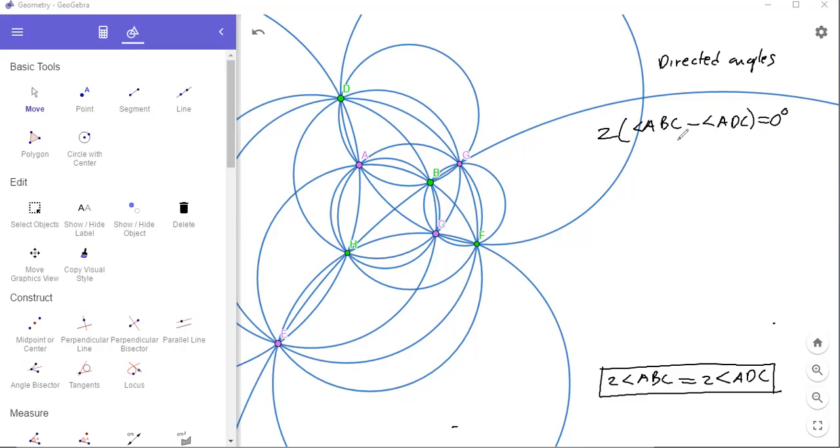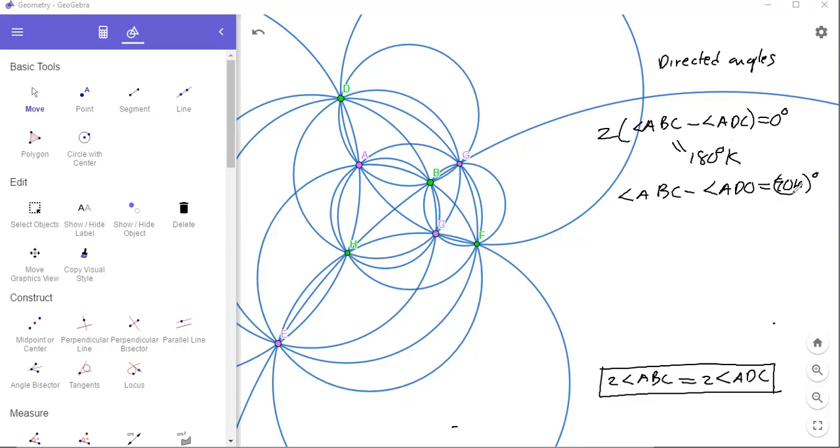So this means this could be just 180 times some k, really. So it could be 180, it could be 360, it could be minus 180, whatever. So what happens is when you now divide by 2, it takes the form of 90k degrees.